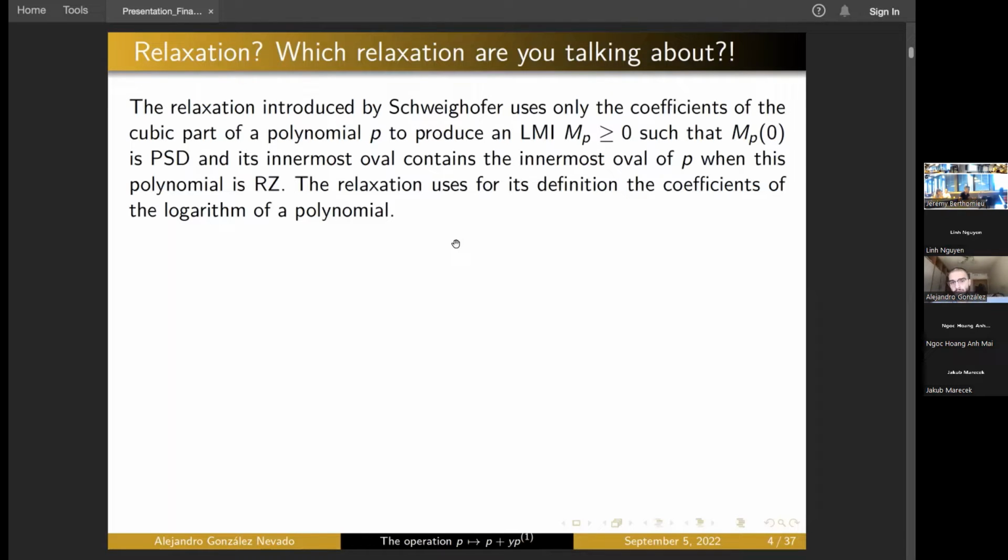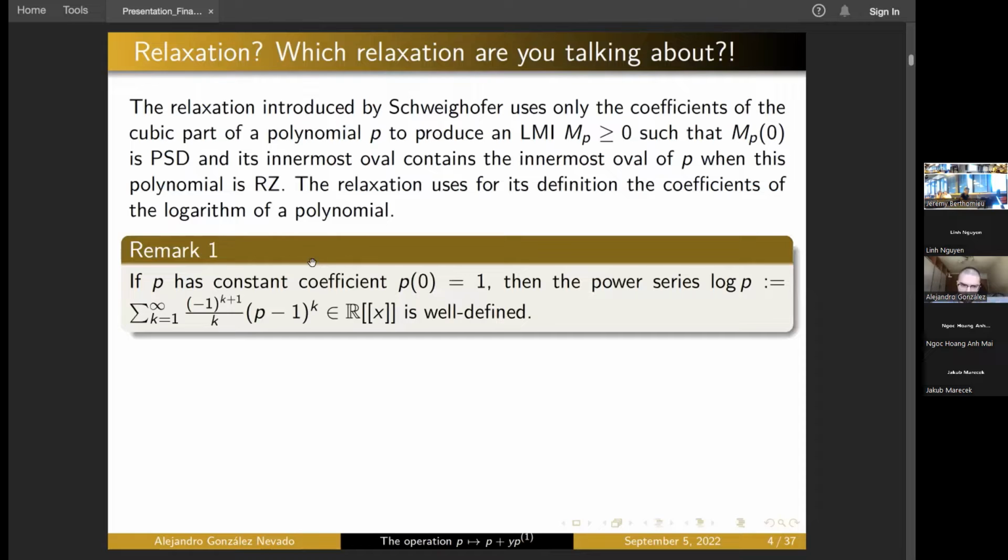With this cubic part, we produce a linear matrix inequality which verifies that the innermost oval of this linear matrix inequality contains the innermost oval of the polynomial P when this polynomial is real zero. By the way, a polynomial is real zero whenever, when you restrict it to a line through the origin, all the roots of this restriction, a polynomial in one variable, are real.